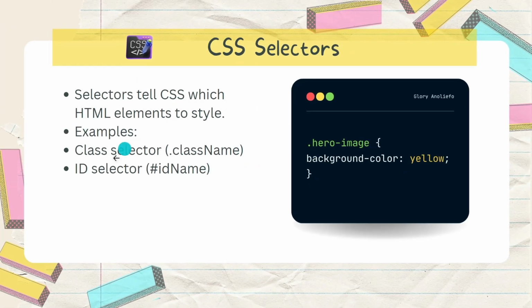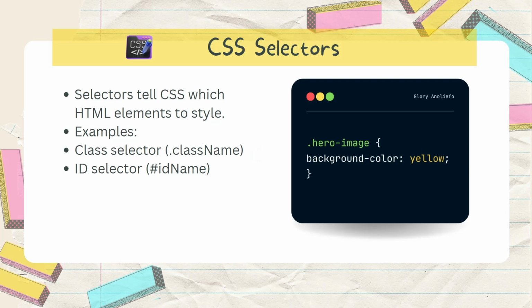Also, we have another example, which is the class selector. For you to call a particular element with its class, you would have initially assigned a class to that element. Don't worry, by the time you start coding, you will understand how you can set class to elements. Remember, in our previous lessons, we talked about attributes and how you can set the class attribute, giving it a value inside of whatever element you want.